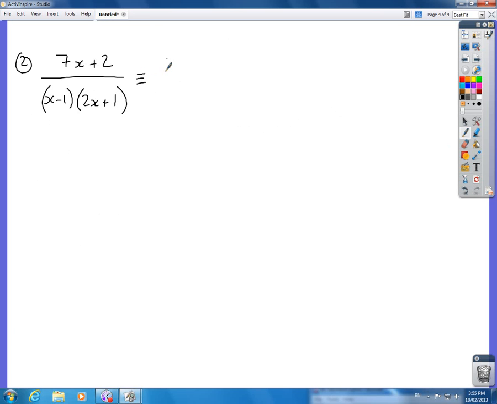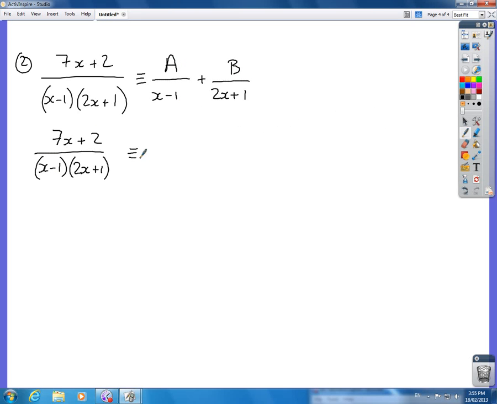I'm going to say this is A over x - 1 plus B over 2x + 1, which means (7x + 2) over (x - 1)(2x + 1) is exactly equal to A(2x + 1) + B(x - 1) over (x - 1)(2x + 1).